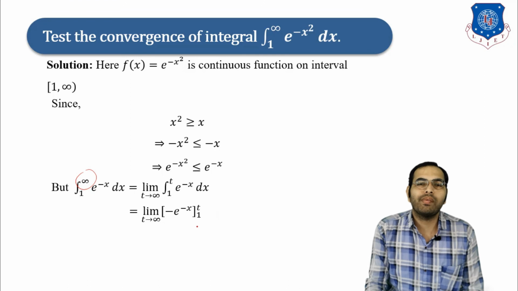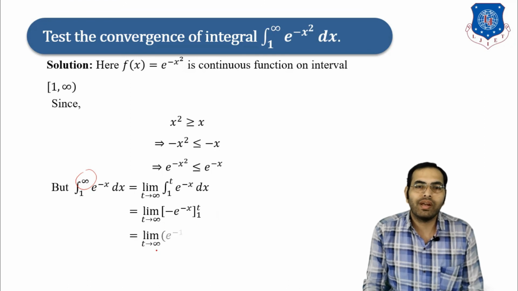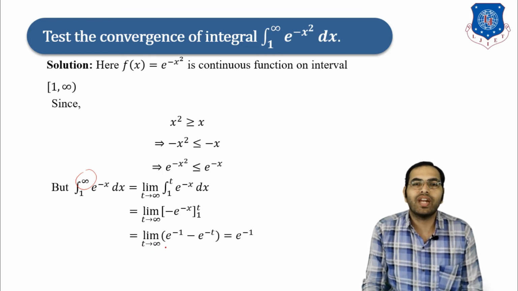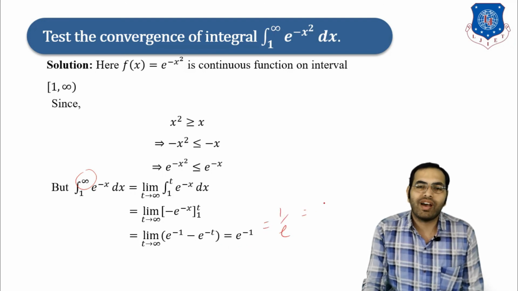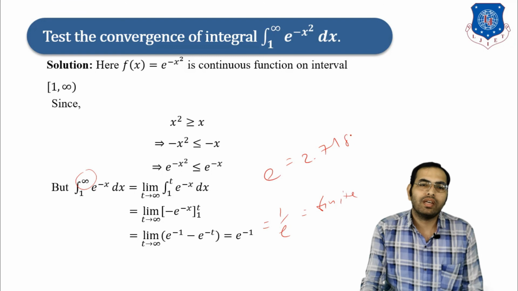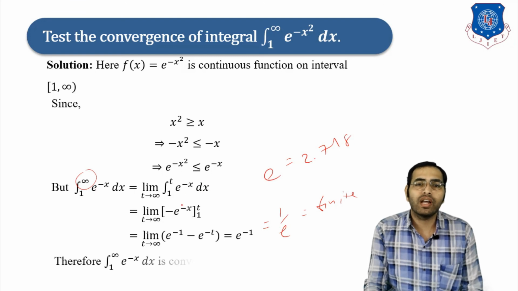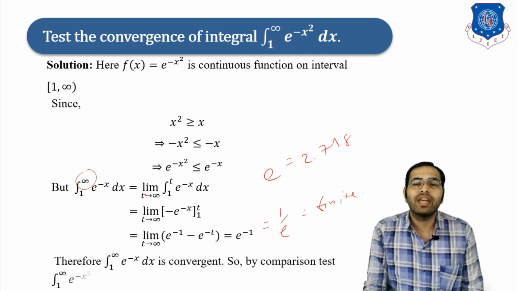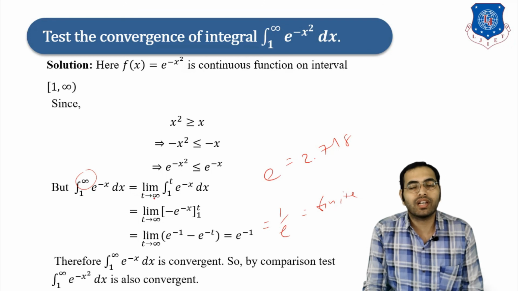Substituting upper limit minus lower limit gives the limit as t tends to infinity of e raised to minus 1 minus e raised to minus t. Then with t as infinity, we get e raised to minus 1, that is 1 upon e, which is a finite answer, where e is approximately 2.718. Therefore our integral from 1 to infinity of e raised to minus x dx is convergent.